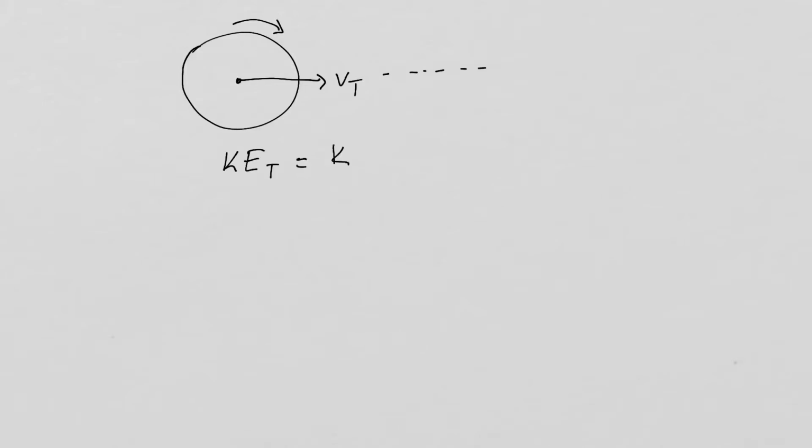If an object undergoes rotational and translational motion at the same time, like so, then the kinetic energy that can be assigned to that object, let's call it kinetic energy total, will be equal to the sum of the kinetic energy of translation plus the kinetic energy of rotation, or that will be 1/2 m vt squared plus 1/2 I omega squared.